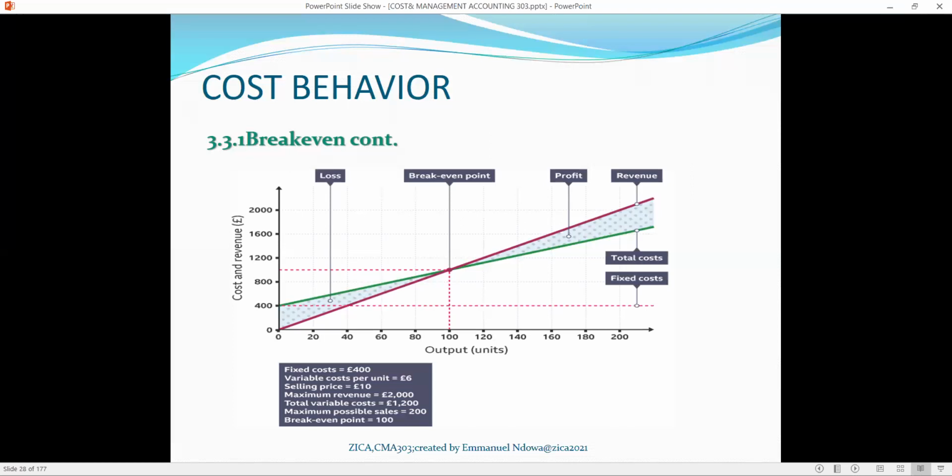Have we all understood the three methods of how we can calculate the break-even point, which are the equation method, the contribution method, and the graphical method?